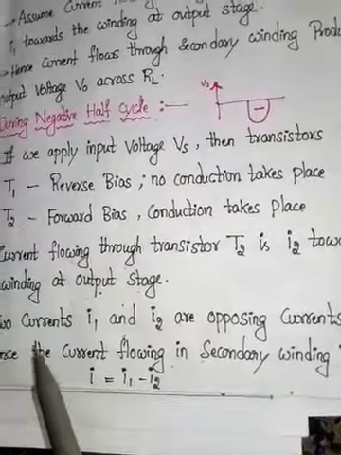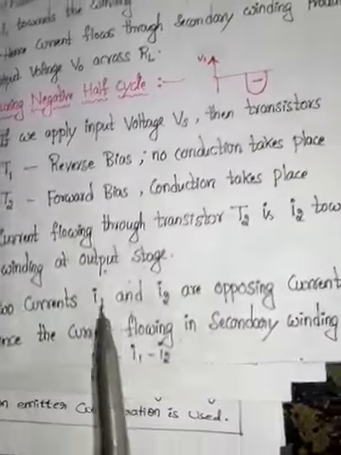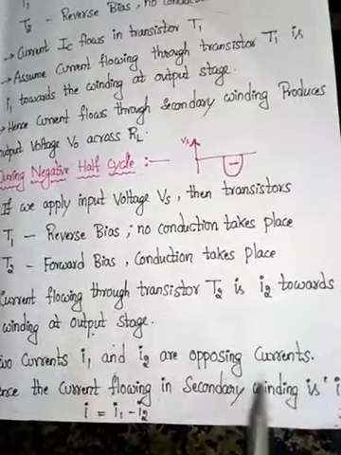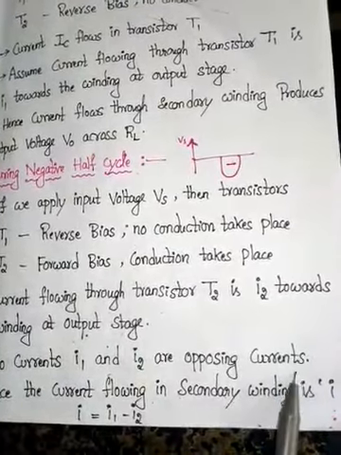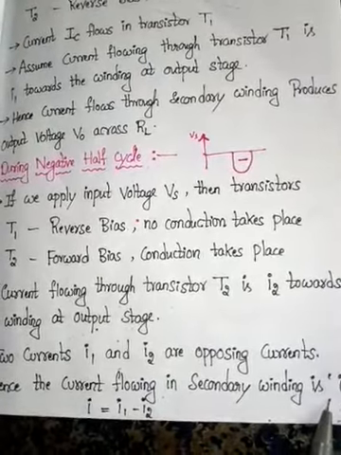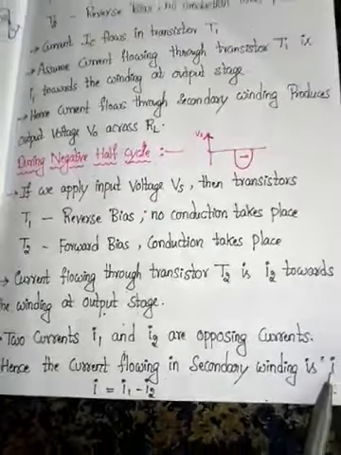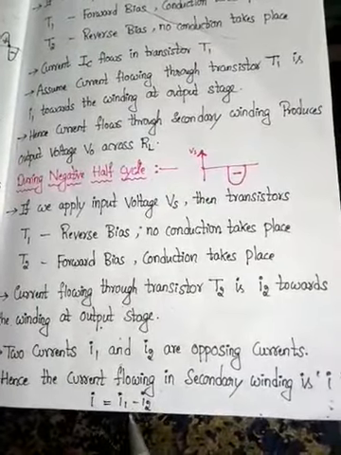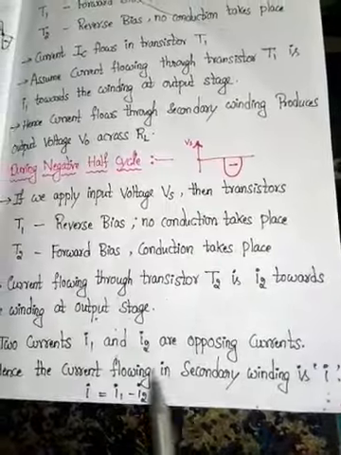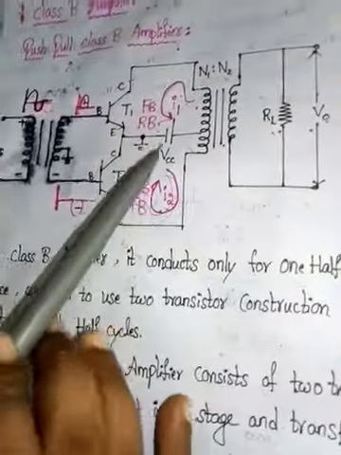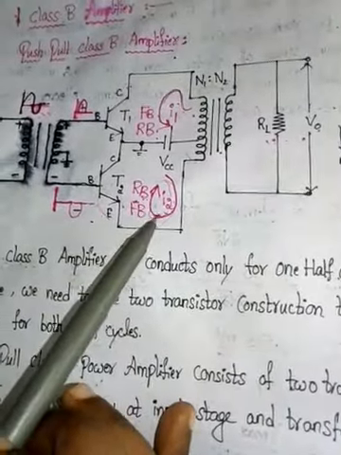Here the two currents, I1 and I2, are opposing currents. Hence the current flowing in the secondary winding is considered as I. So the total current I equals I1 minus I2, because both currents are in opposing directions.